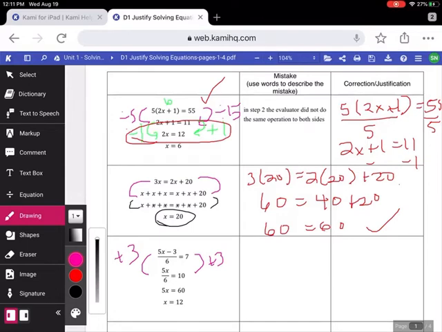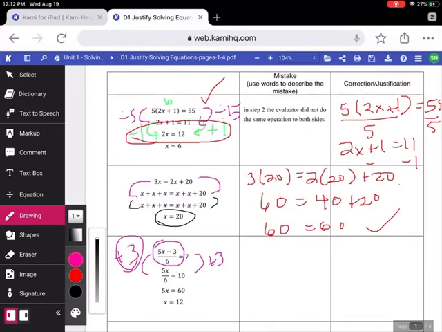However, if I had added 3 on this side, I would have actually gotten a bigger number, because this 3 is over a 6, which means that I'm actually subtracting 3/6 from 5x over 6. So I've actually added too much over here, and that's going to be our mistake.